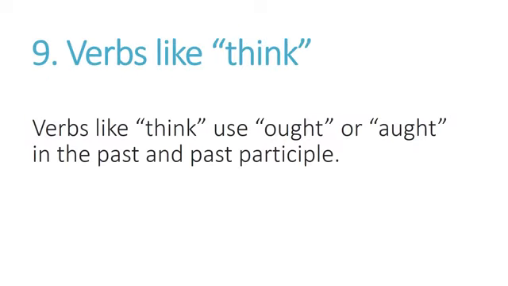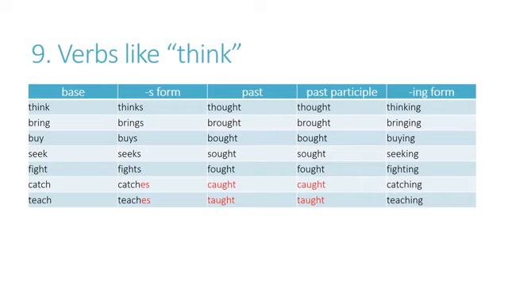The next one is verbs like think. Verbs like think use ought or aught in the past and past participle. Here are some examples. Think, thought, thought. Bring, brought, brought. We mentioned that one before. Buy, bought, bought. Seek, sought, sought.